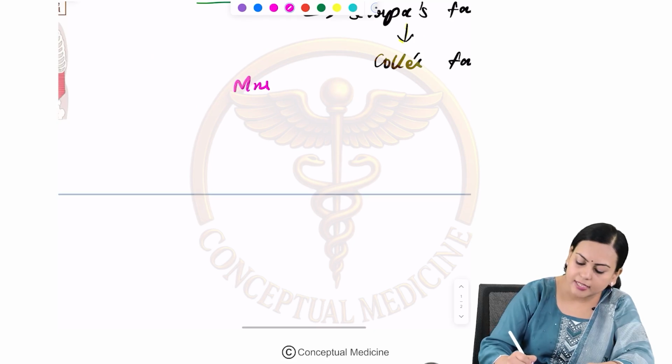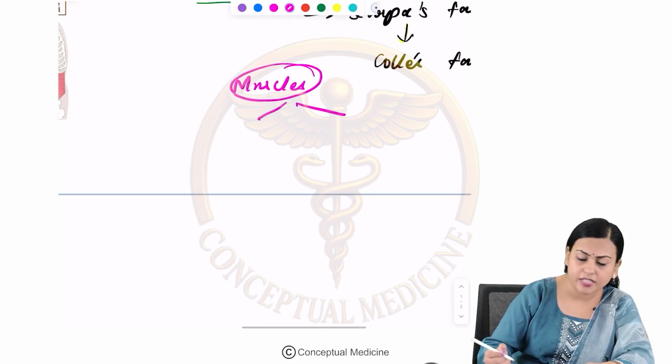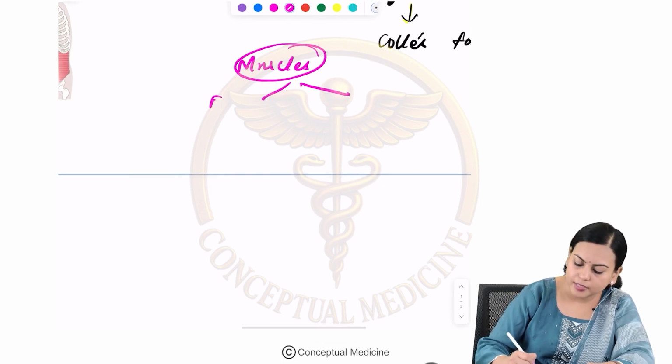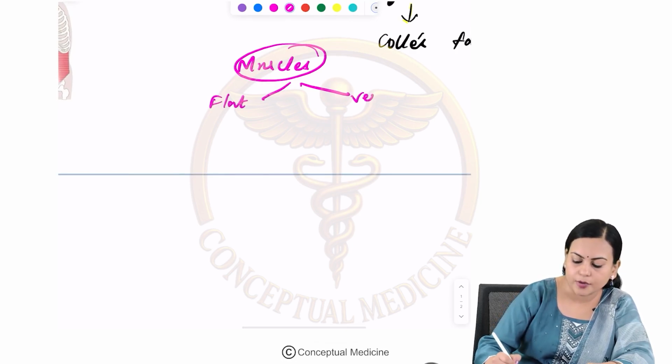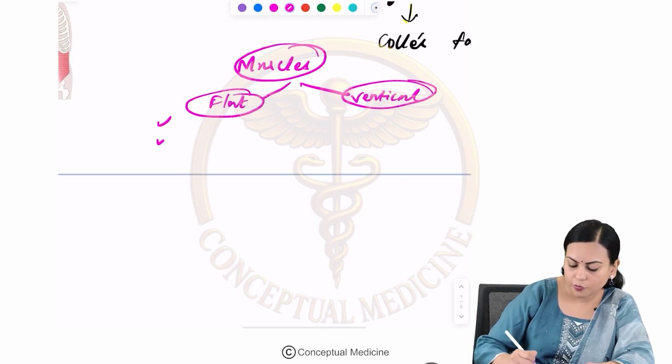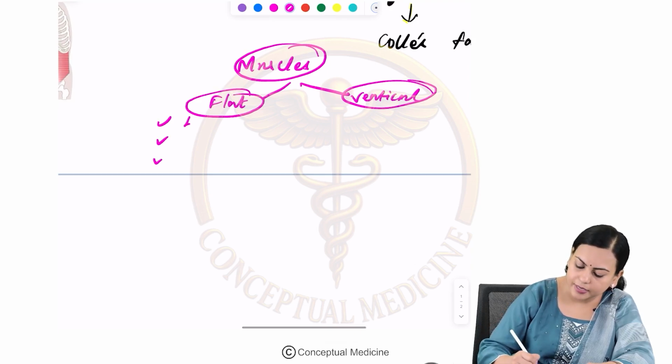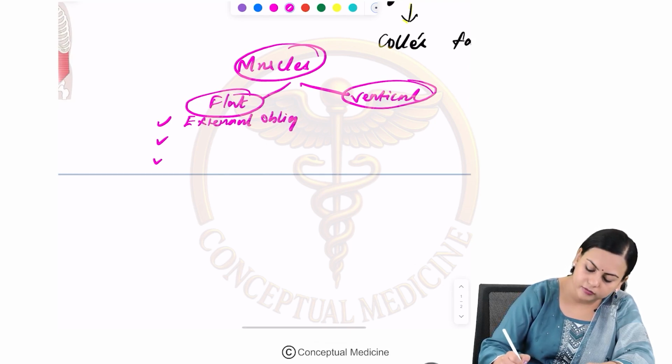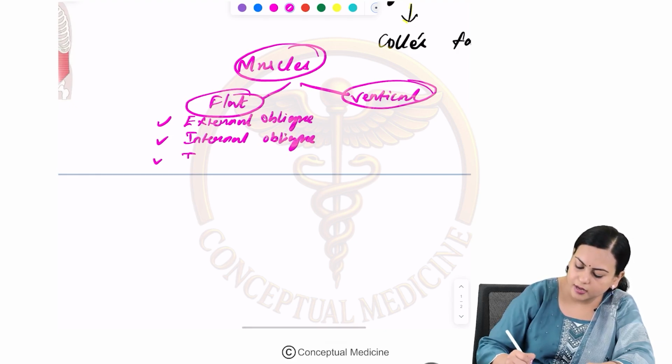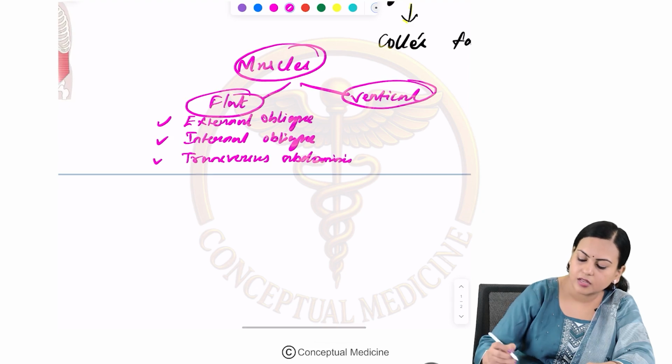Now, muscles of the anterior abdominal wall, we can divide it into 2 groups. First group is the flat muscles and the next group is the vertical muscles. The flat muscle group consists of 3 muscles, namely the external oblique, the internal oblique, and transversus abdominis.